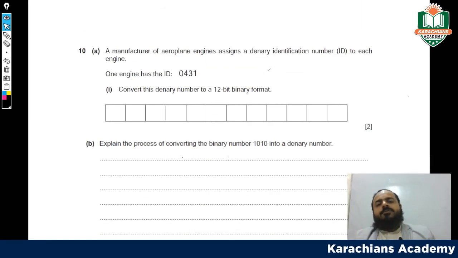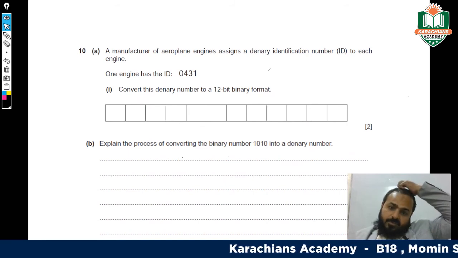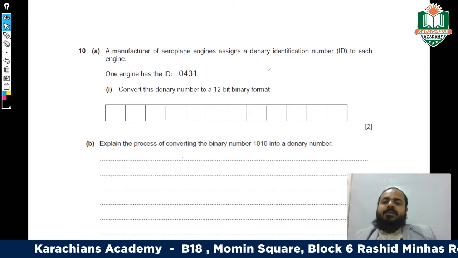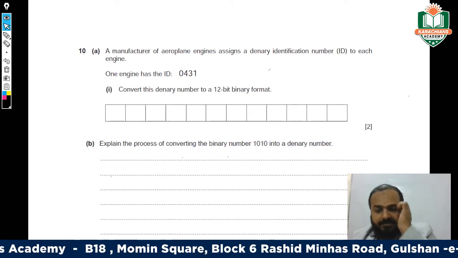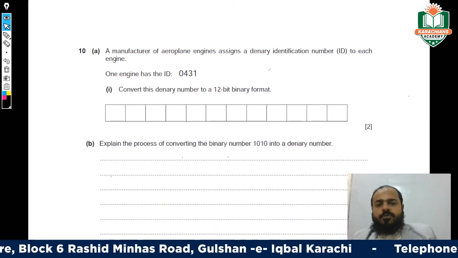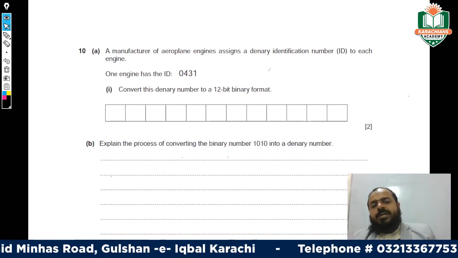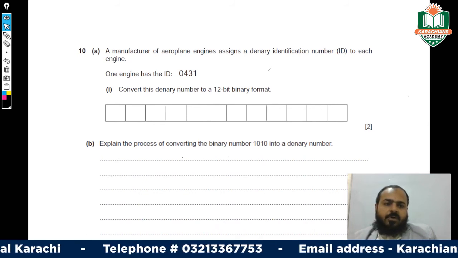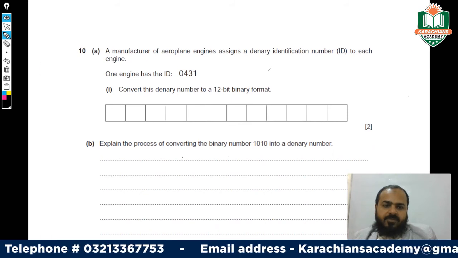So here we have 0431. We have to convert them into 12-bit binary. Not with that method, 12-bit binary, not 128. You have to choose 8421 four times. So how can you do this question?